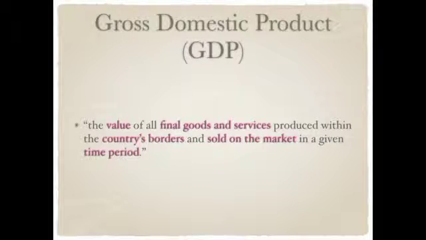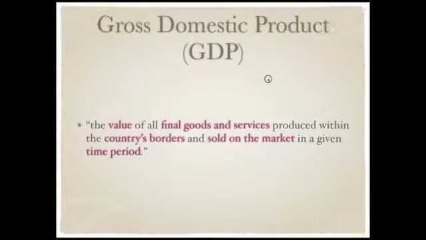So for example, remember what I told you about me owning a company in Belgium. If I own a company in Belgium, that would count towards GNP in the United States. That would count towards GDP in Belgium because it's physically located within the borders of the country of Belgium. So make sure you understand that distinction between gross national product and gross domestic product.